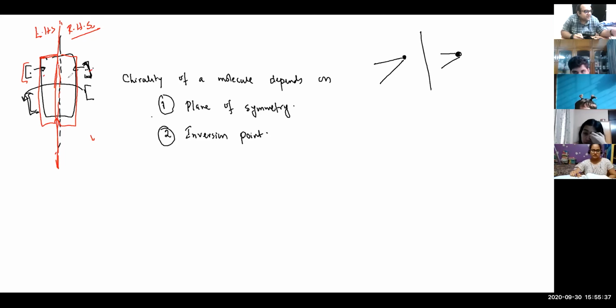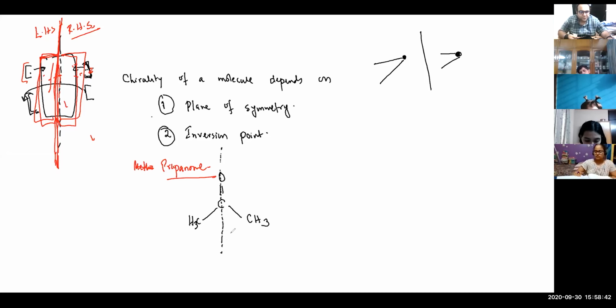A molecule or an object is said to be chiral, or dissymmetric, if it has to be asymmetric, where you will not have any line of symmetry. A molecule which does not have a line of symmetry is a chiral molecule, and one which has a line of symmetry, for example this, we call achiral.